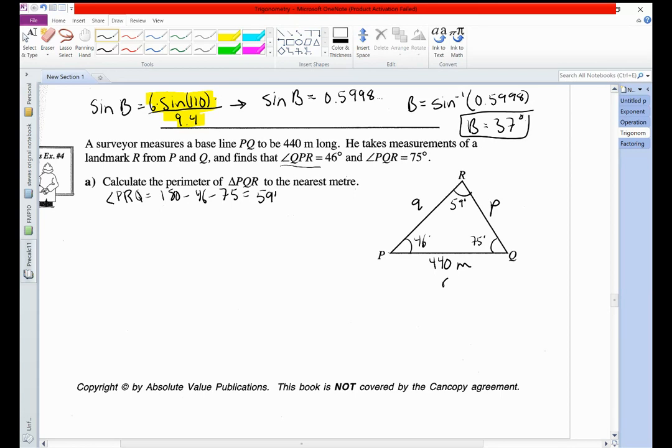And now we can use some sine law to figure this out. We know side r and we know angle R, so this allows us to use the sine law. We need to have a pair like that as knowns in order to use this law. So let's start by solving for side length q.